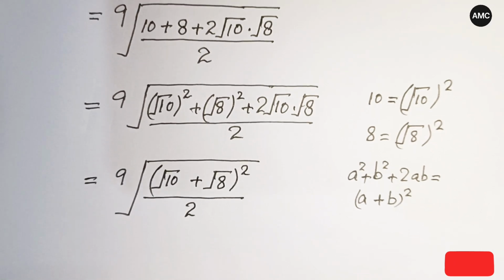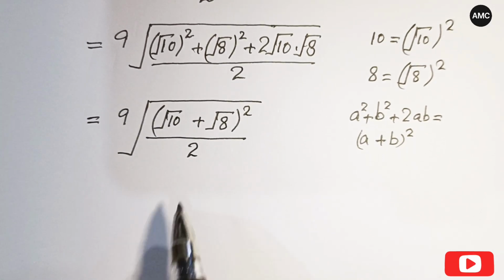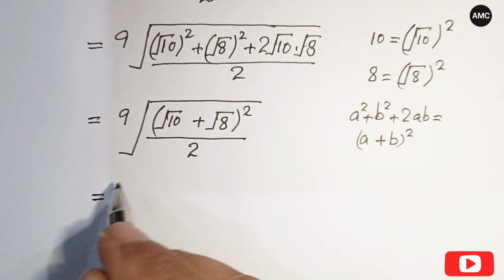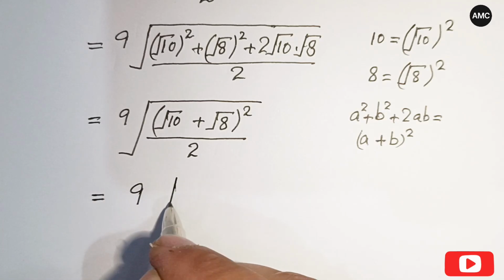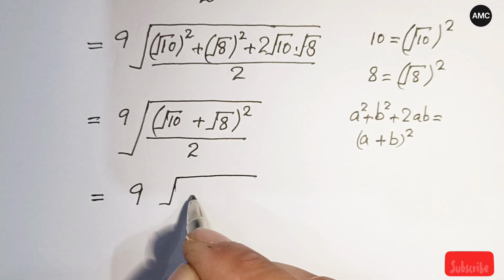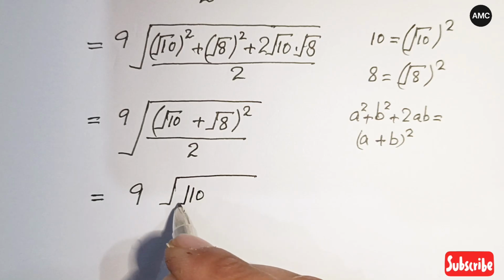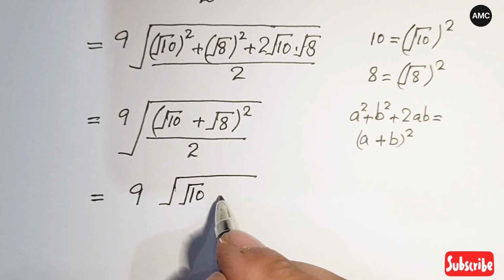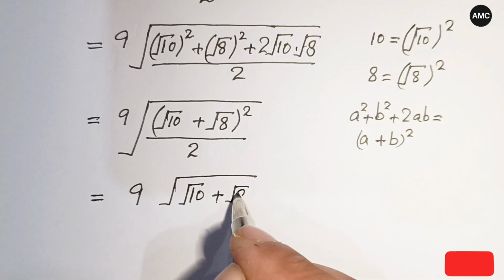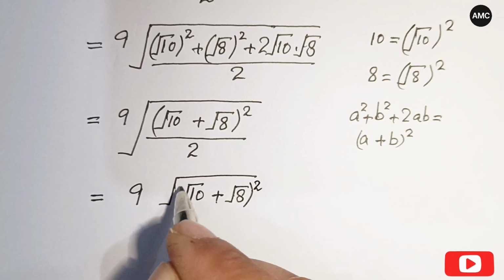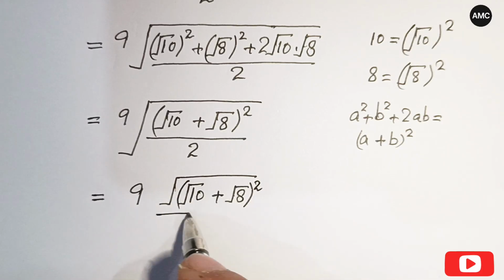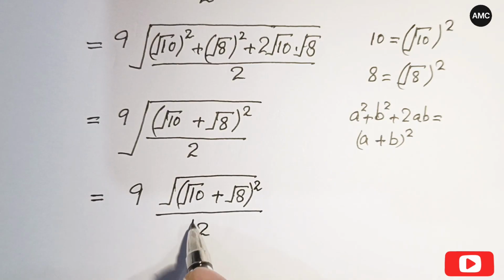Now we can write numerator and denominator separately under the square root. So 9 times square root of square root of 10 plus square root of 8 whole squared all over square root of 2.